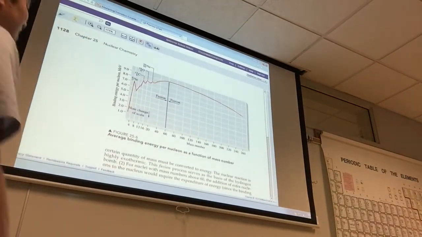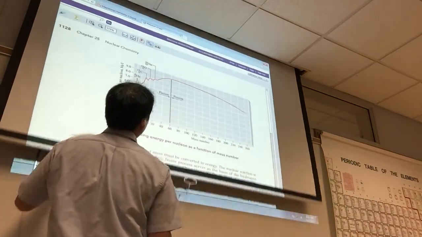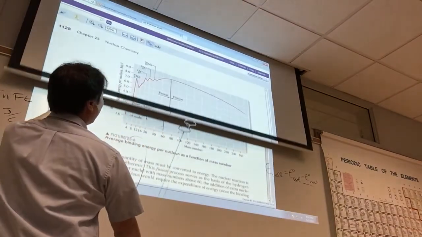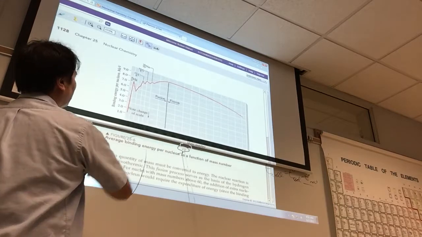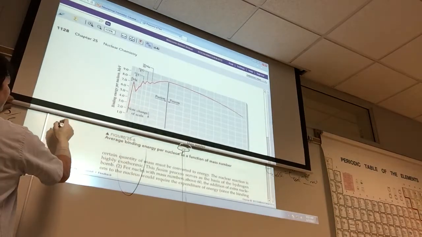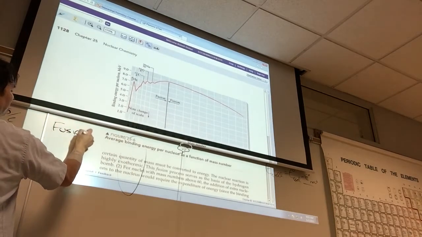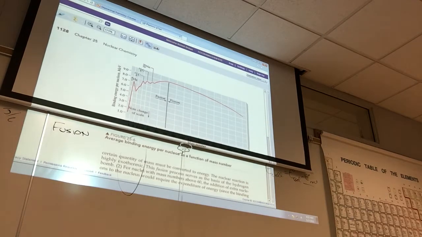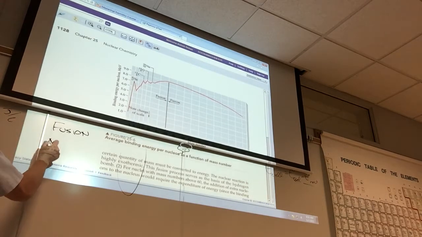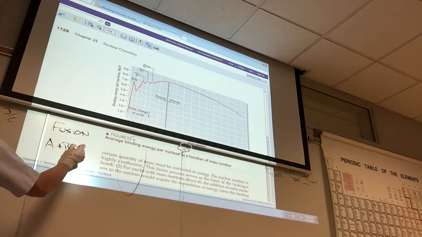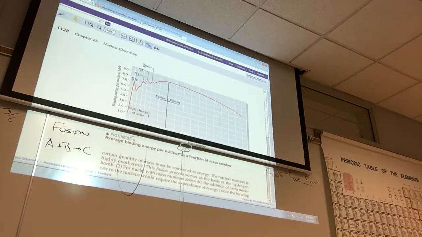Let's take a look at some nuclear reactions here. There are two types of nuclear reactions shown on this chart. One is fusion. And so what is fusion? Fusion is fusing two nuclei together. And so let's take an A plus a B and fuse them together to get some kind of C.